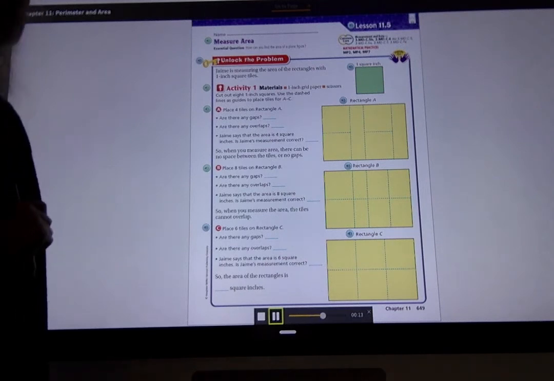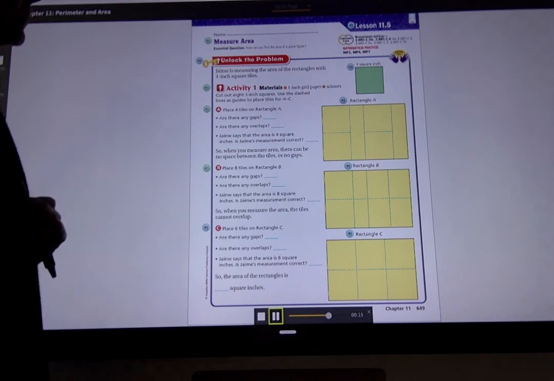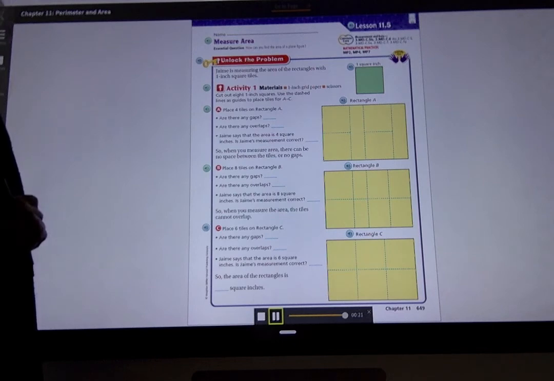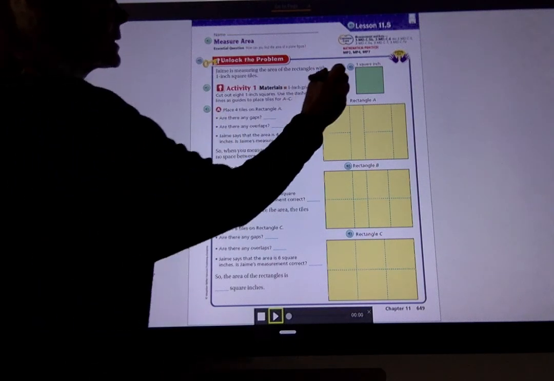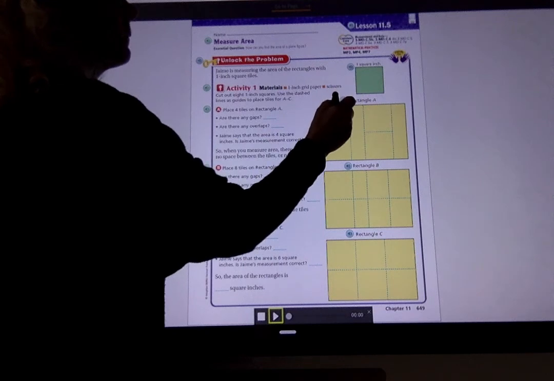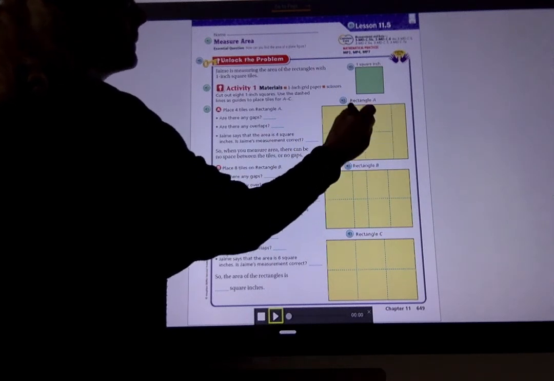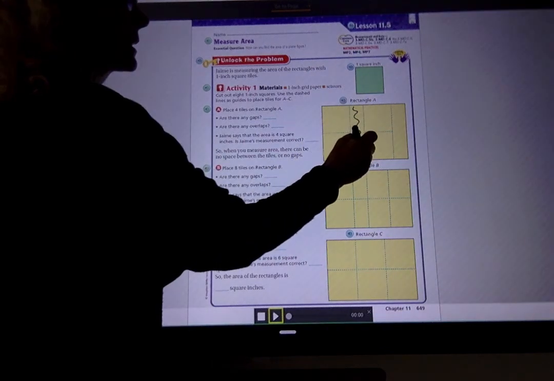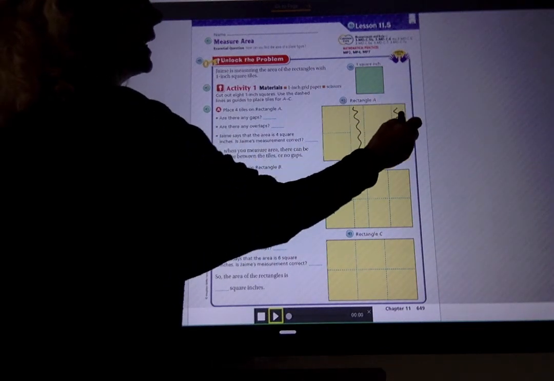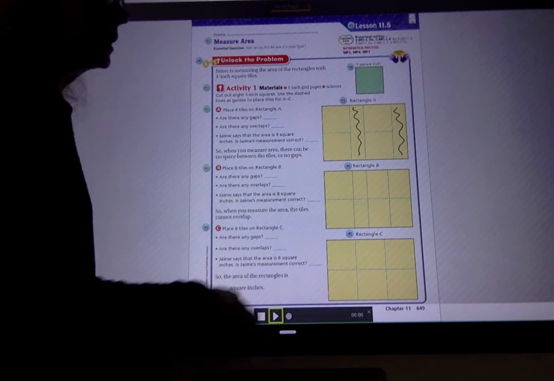Is Jaime's measurement correct? When you measure area, there can be no space between the tiles, or no gaps. What we see is the tiles fit 1, 2, 3, 4, but there are these gaps, and we cannot have any gaps.